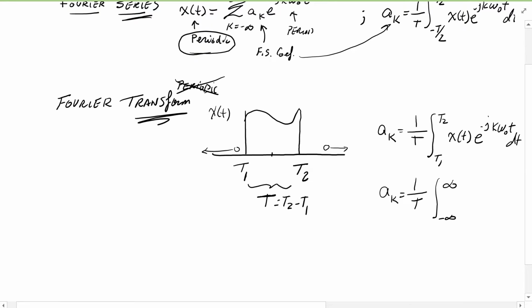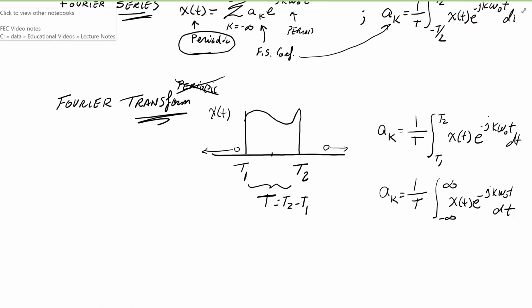I'm not changing my integral because anything outside of t1 and t2 is going to be 0, so the integral falls off. So I can write it this way. dt.